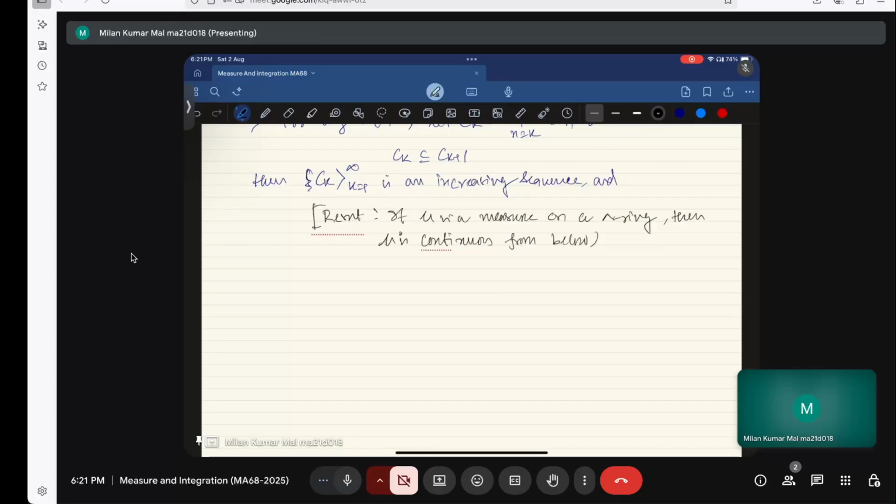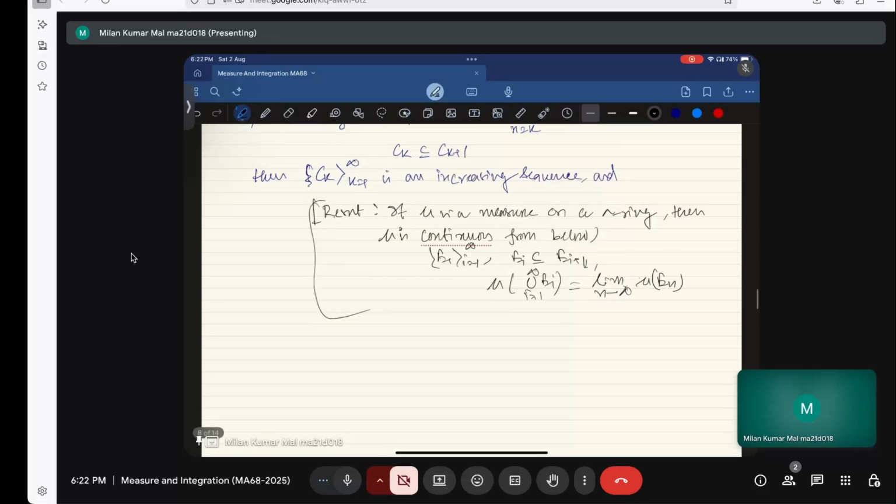That says if E_i are a sequence of sets in the sigma ring and E_i are an increasing sequence, then the measure of the union of E_i, i equals 1 to infinity, is equal to the limit as n tends to infinity of mu of E_n. So this is the case.